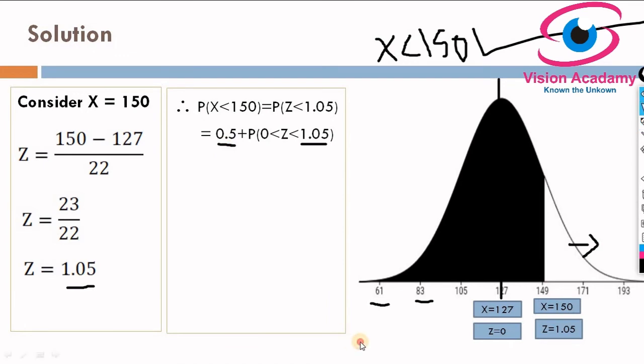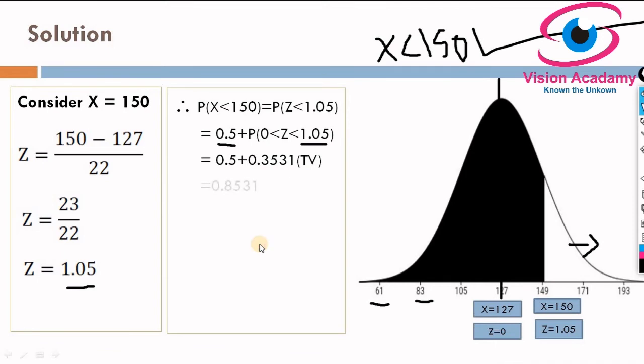And when we simplify this further, we found that table value from the table, which is also given in the problem. So 0.5 is the left side region value, and 0.3531 is the block shaded area in the upper tail, which means anything from 127 to 150 is the block shaded area in the upper tail. That Z score is 0.3531, which is obtained from the table value.